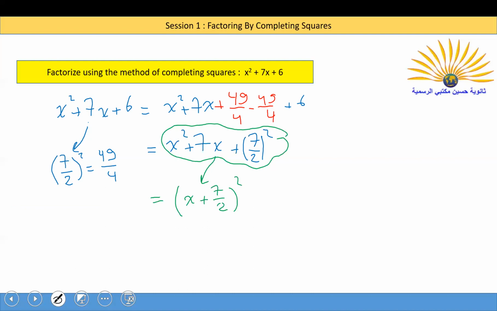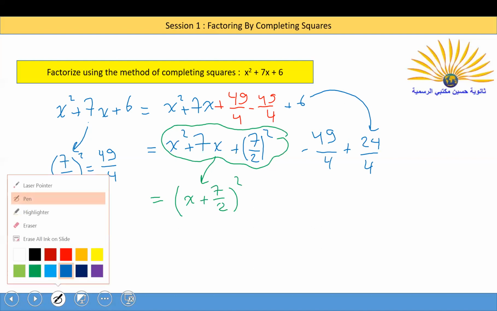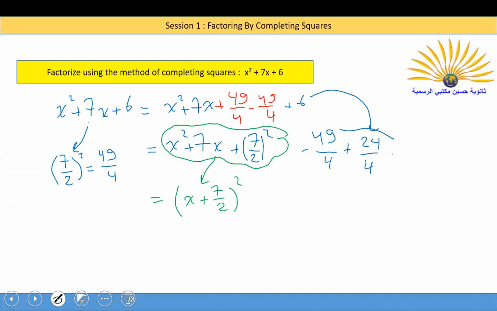And still we have what? Still we have minus 49 over 4 plus 6. We can change 6 into the same denominator as the 49 over 4. It becomes 24 over 4. Then we add them, and these two become minus 25 over 4.